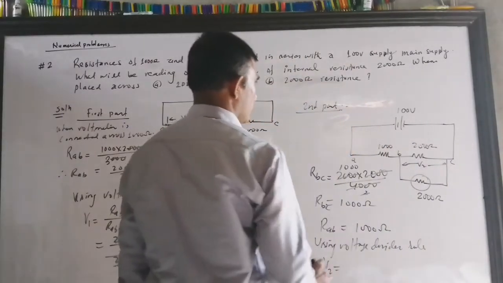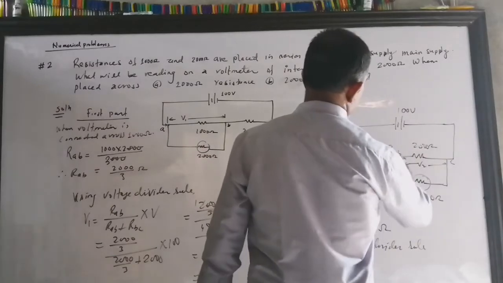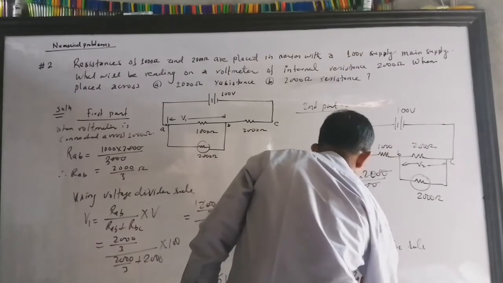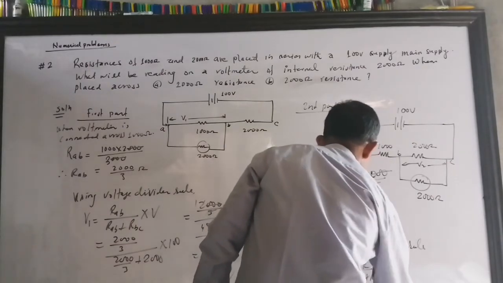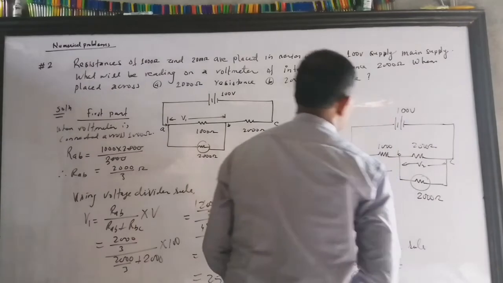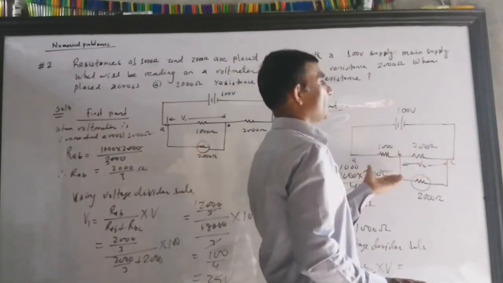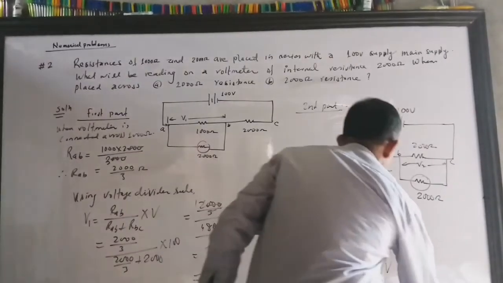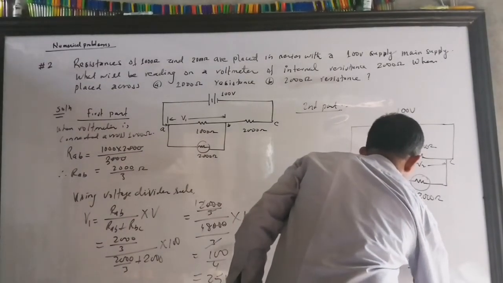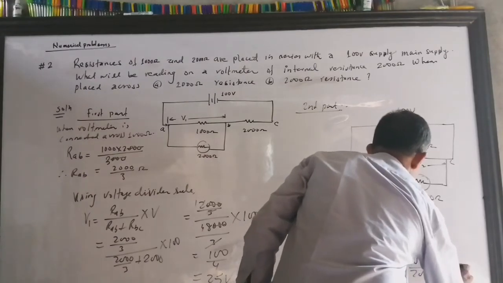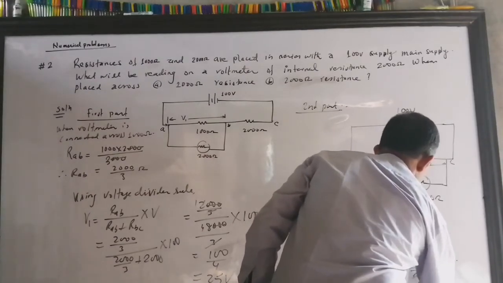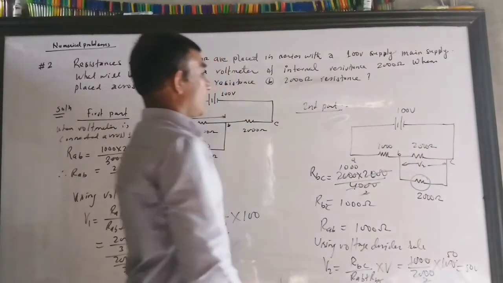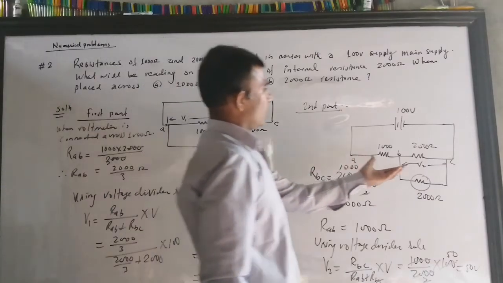This voltage equals RBC over the total, RAB plus RBC, times the total voltage. Simply, if the same resistances are in series, the voltage will be half. So half of 100 is 50, that should be the answer. 1000 divided by 2000 times 100 gives 50 volt across RBC.